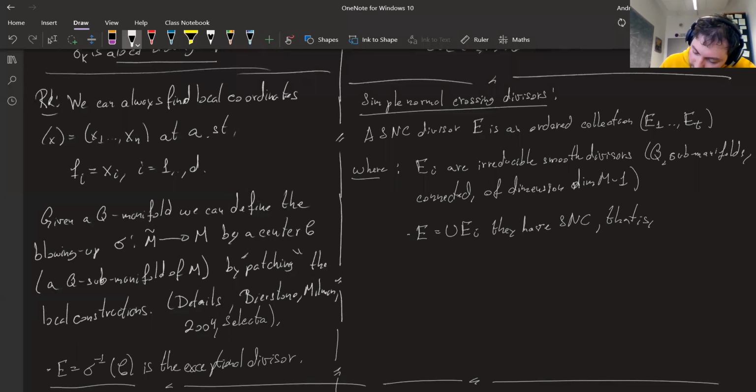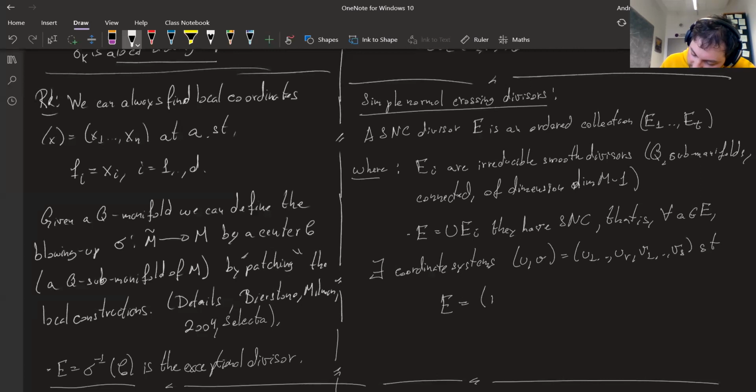So that is, for every a in E, there exist coordinate systems u1, ..., ur, v1, ..., vs, such that all of these are given by the zero locus of the product of the ui, i from 1 to r.